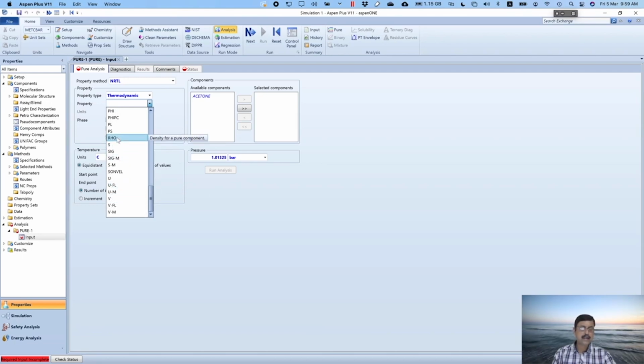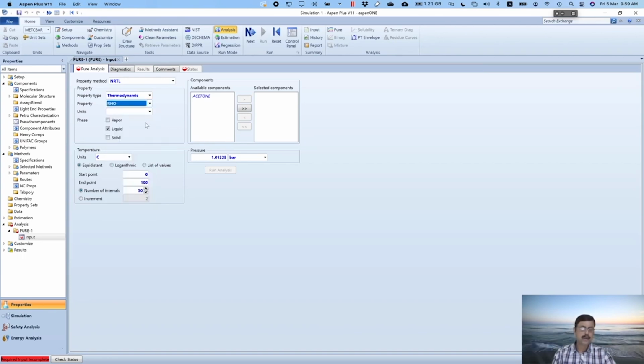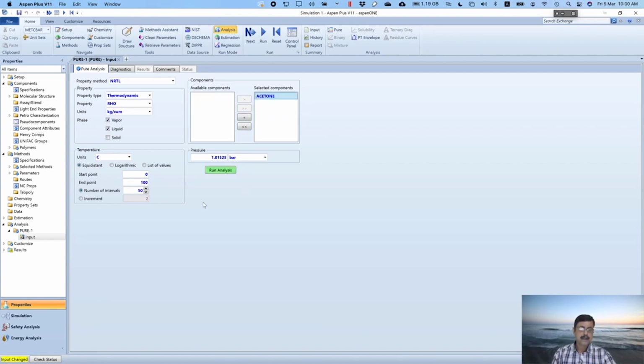So rho is the density of a pure component. So choose rho in kg per meter cube. Valid phases are vapor and liquid. Now we have available component acetone only, so just select acetone. Pressure is 1 atmosphere.